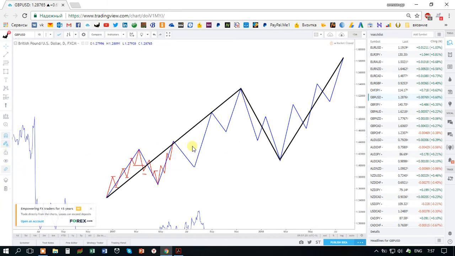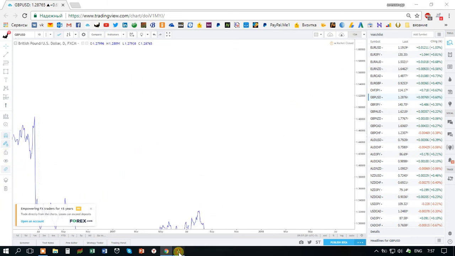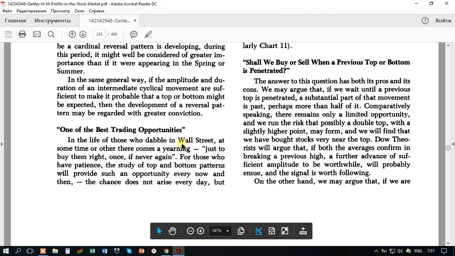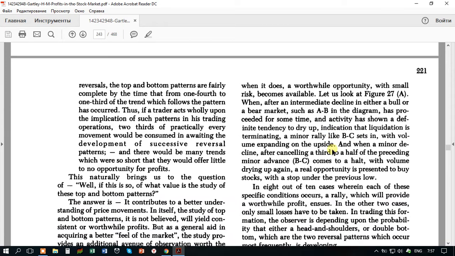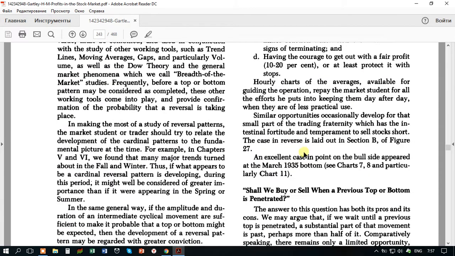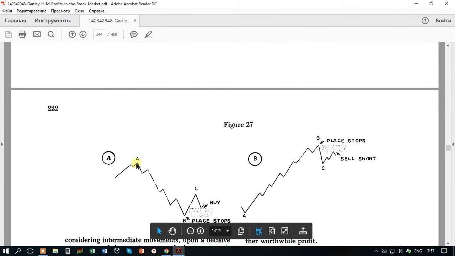Let's go back to the explanation. It is called one of the best trading opportunities, and so on, not interested here. Let us look at figure 27a. So when after an intermediate decline in either a bull or bear market such as A to B in the diagram, so this is an intermediate decline.